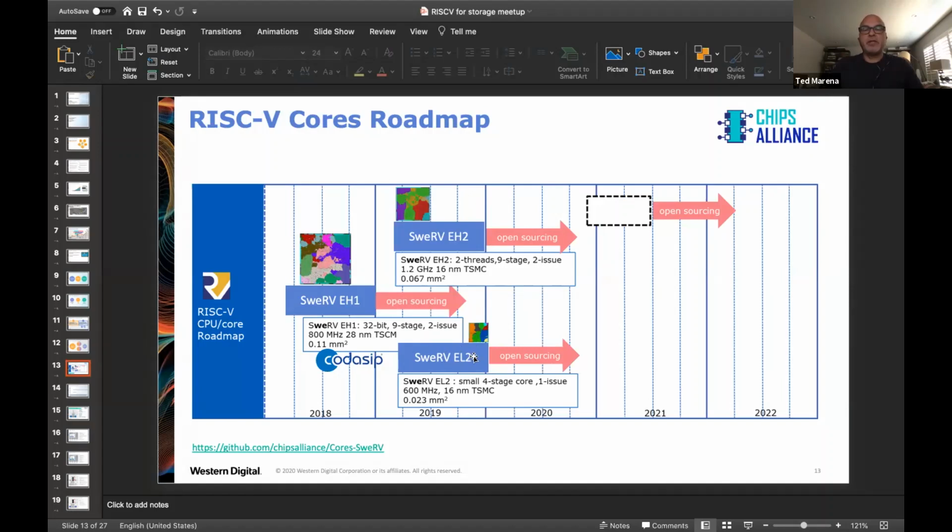Those were announced at the summit, and they were open sourced in 2020. So this is the link for the EH1, the EH2 and EL2. I think you just have to put dash EL2 dash EH2 on that. I apologize for not having that link in there, but I'll throw that in.